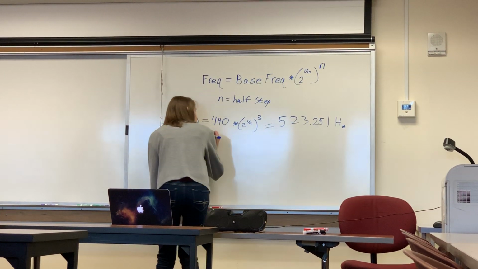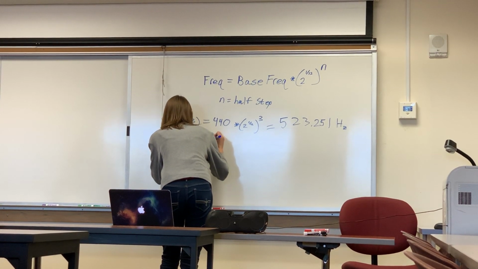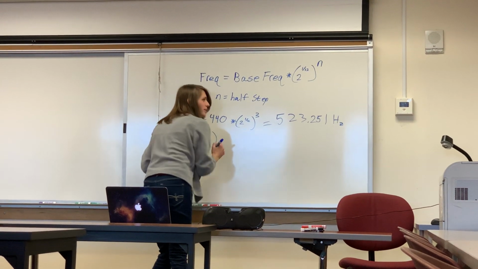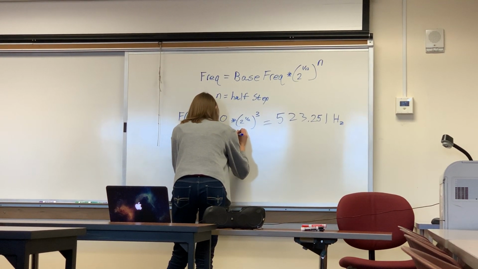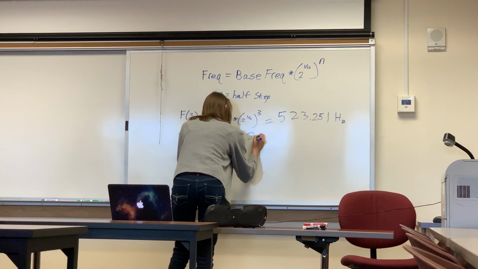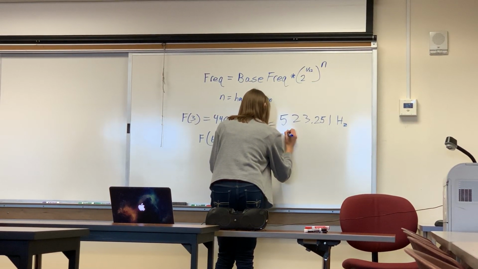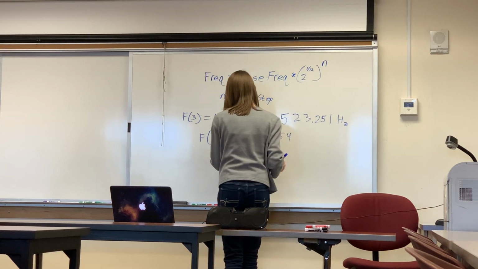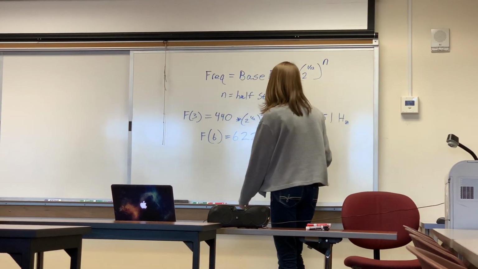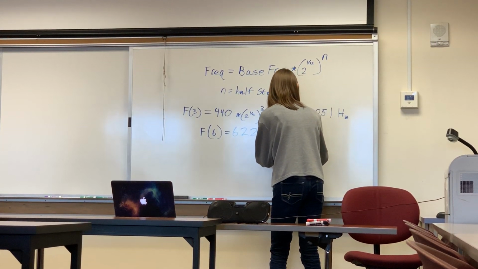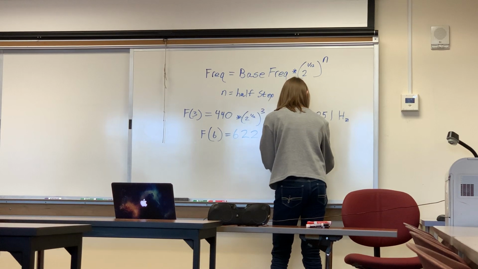We can evaluate all numbers we want, as long as the frequency we end up with is in the range of human hearing, to get all musical notes that are on the equal temperament scale with A. So if we evaluate this at 6, this is 6 half steps above 440 hertz. 622.254 hertz.